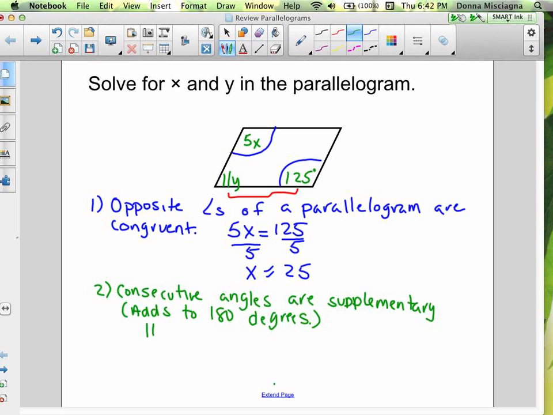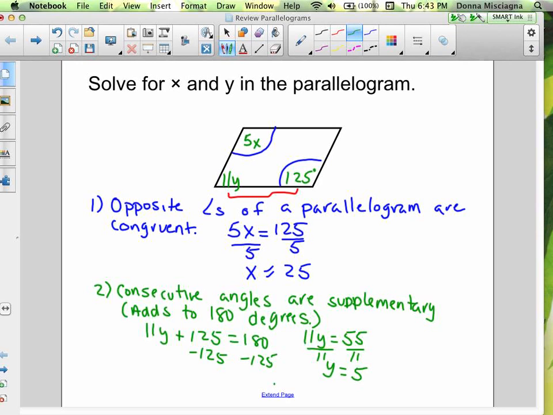So 11y plus 125 equals 180. Let's subtract 125 from both sides. And that means 11y is 55. Divide both sides by 11, and y is 5.